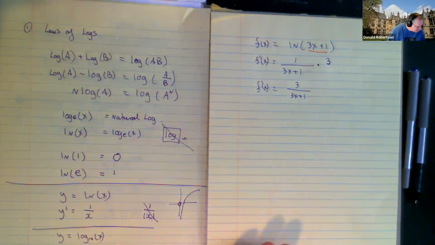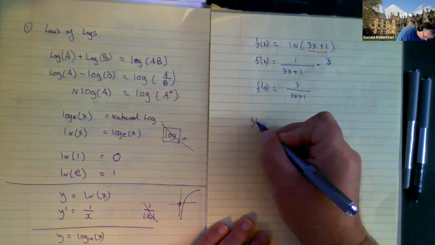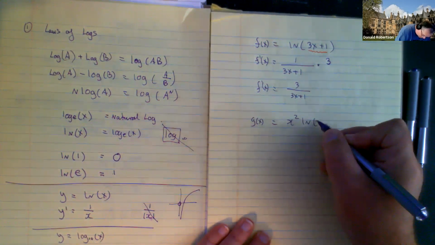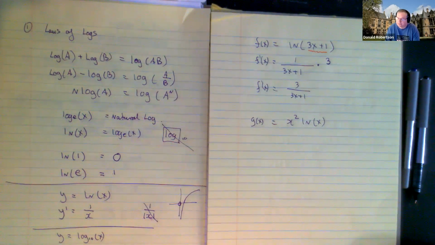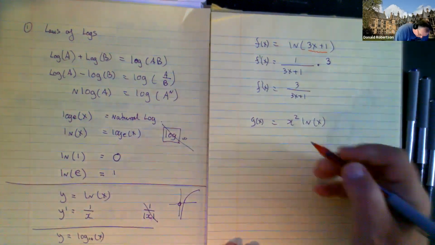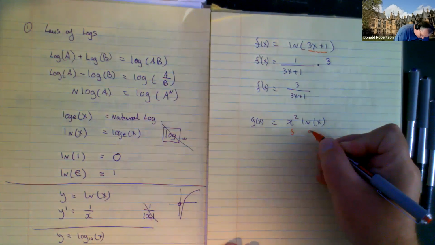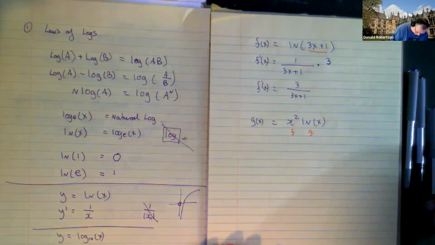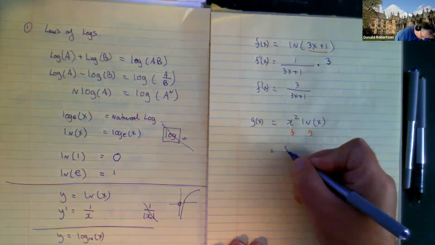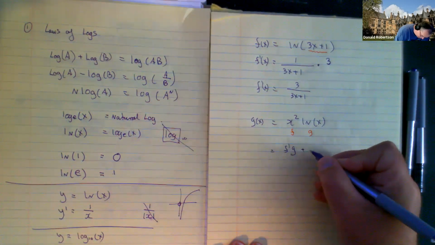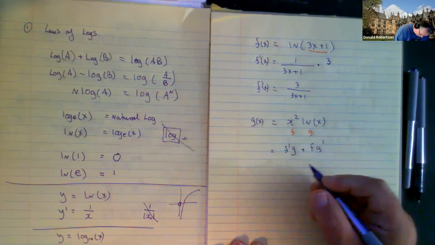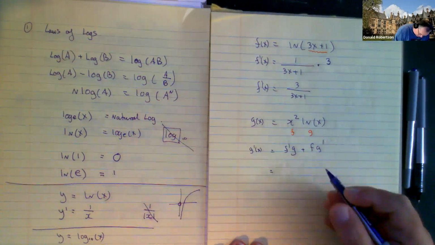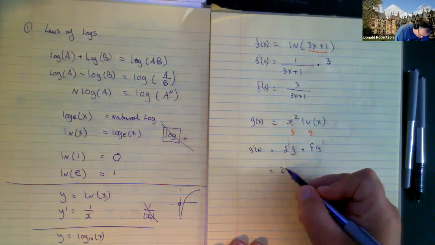That wasn't too bad. Suppose I give you x squared times the natural log of x. Would you agree this time it's a product rule? So I want to differentiate a product. It's f dash g plus f g dashed. Differentiate that guy, you get 2x.